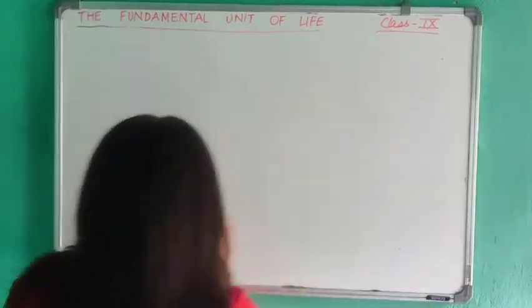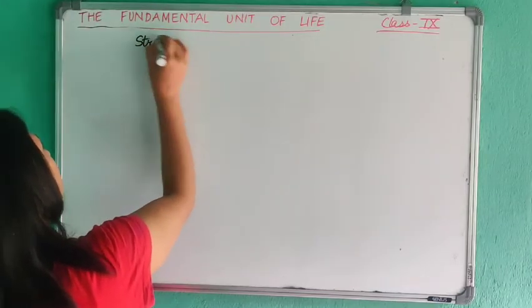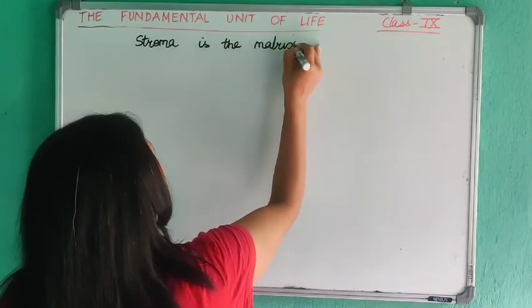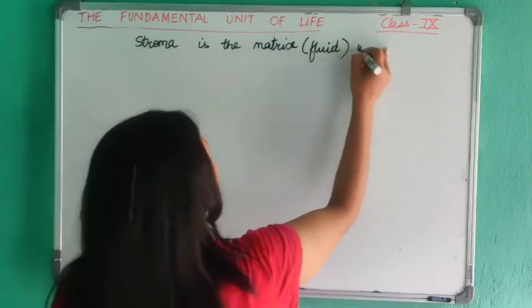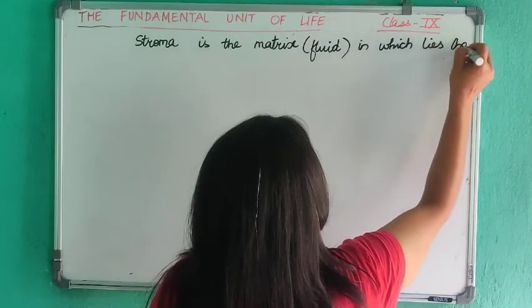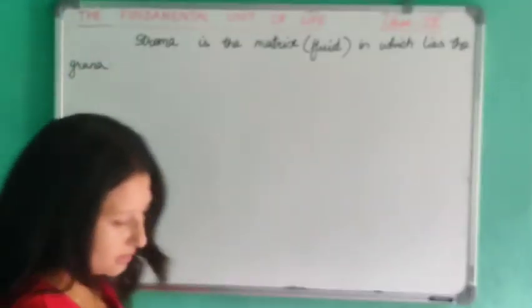Okay, so the stroma is the matrix in which lies the grana. Let me show you in that diagram.